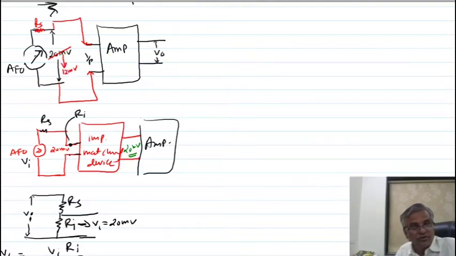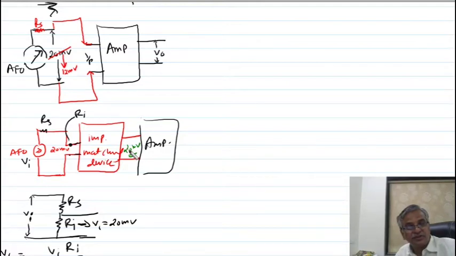To remove this difficulty, I have used an impedance matching device. With the calculation you can see that the amplifier input is 20 millivolt, here it is not 20. So this impedance matching device is used to match the impedance between this device and the input of the amplifier.